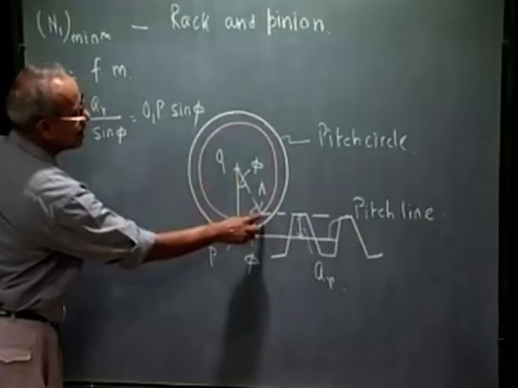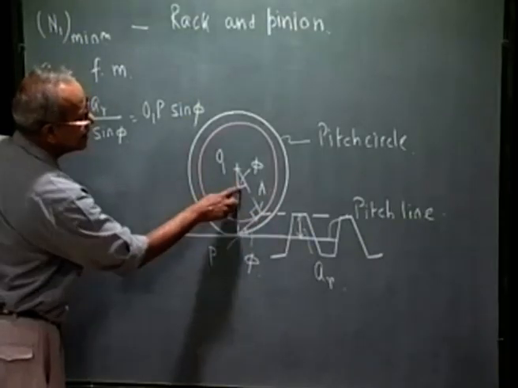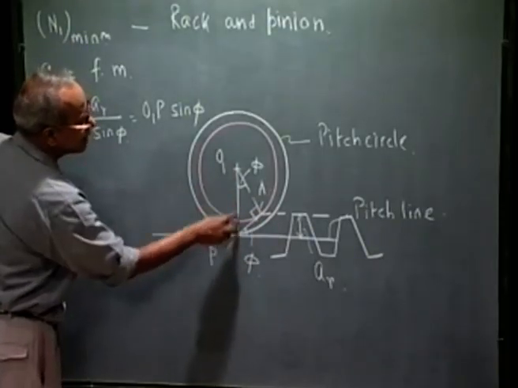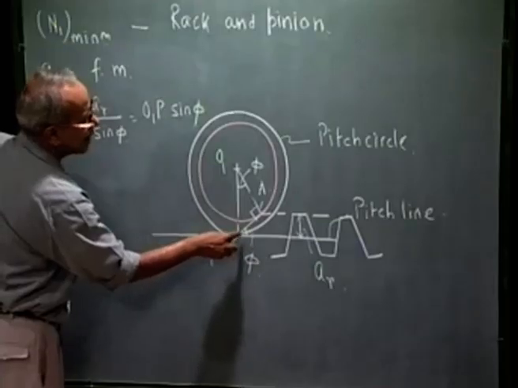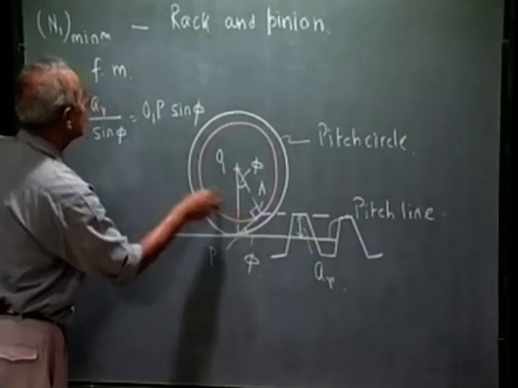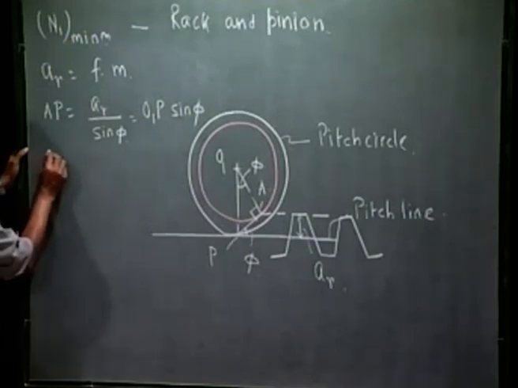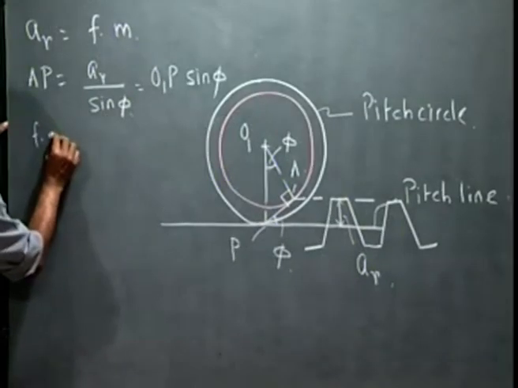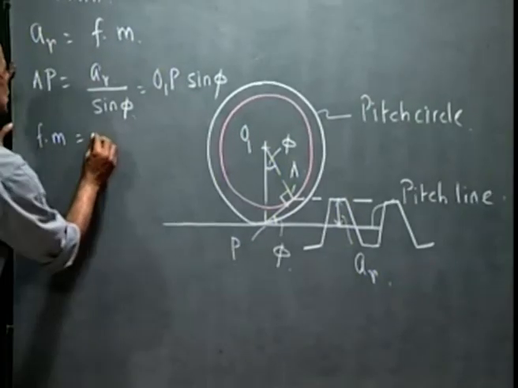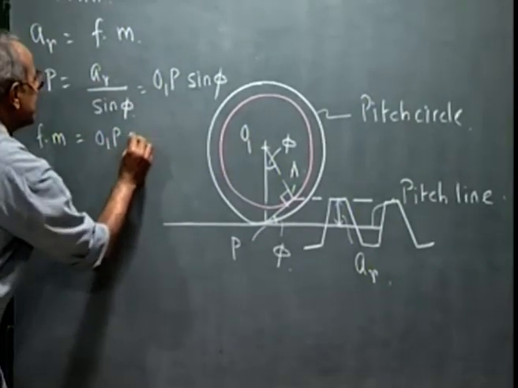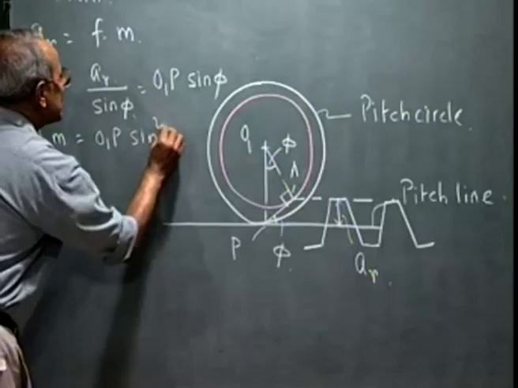This is the base circle radius, and this is the tangent. This angle is phi. So, pitch circle radius is O1P and AP is O1P sin phi, which tells me AR, which is F into M, is O1P sin squared phi.